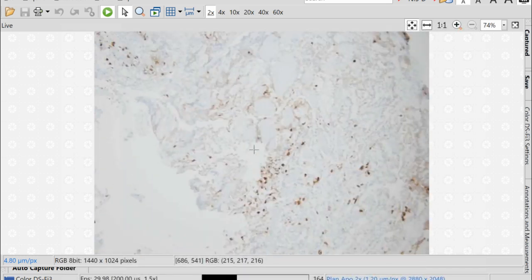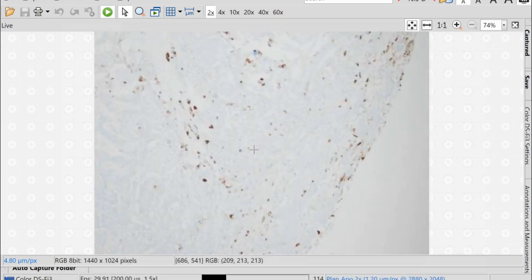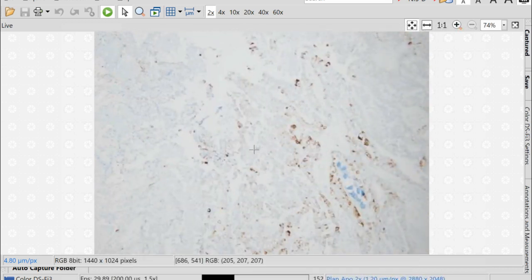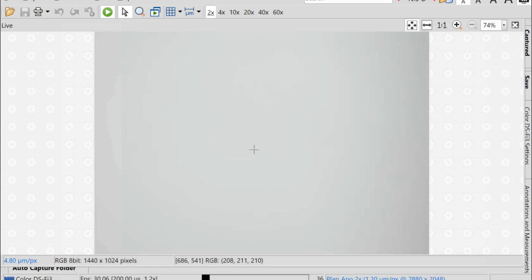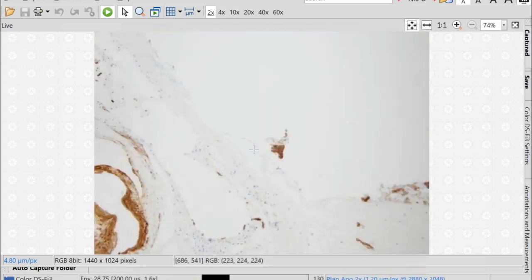Here is CK7, which, as I mentioned, is frequently positive in these tumors. It's not specific, but is frequently expressed to variable extents. This is synaptophysin.